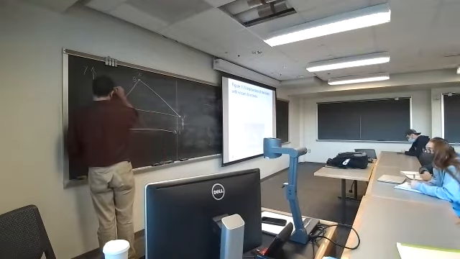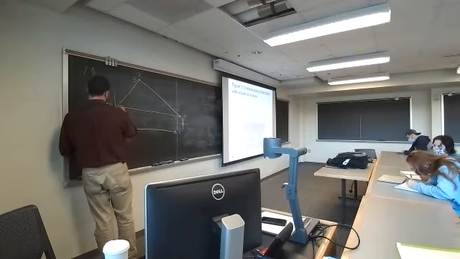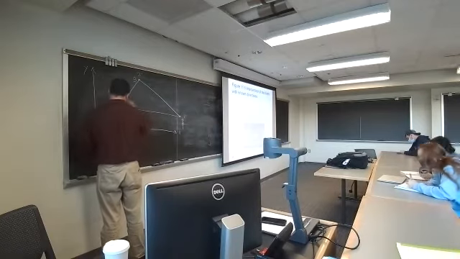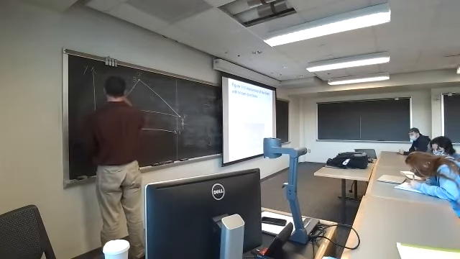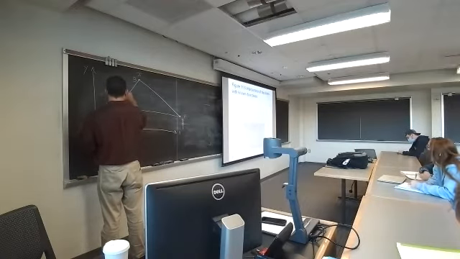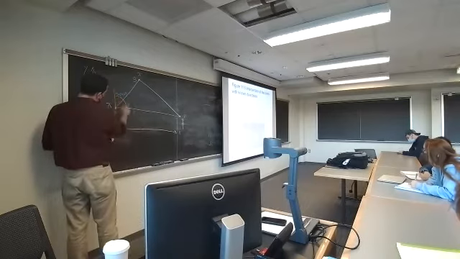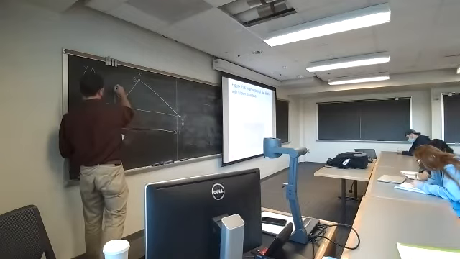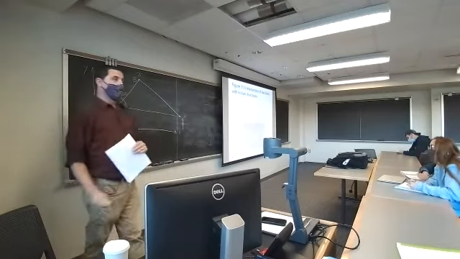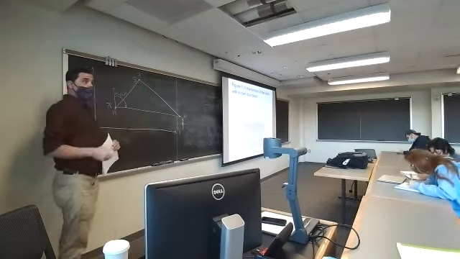Now, for each one of these, I'm going to have my azimuth A to P, which is measured from vertical, or north. Everyone follow that?